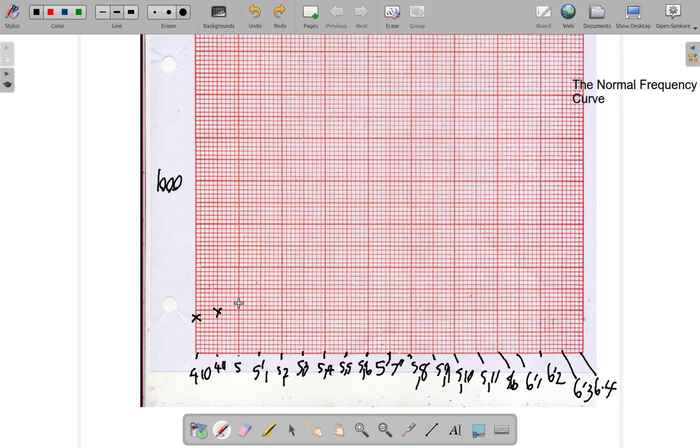Say 4 foot 11, 5 feet, 5 foot 1, 5, 2, 5, 3, and 5, 4, 5 feet 5, 5 feet 6 inches. You're finding a lot more persons, 5 feet 7 inches. And that's the average height. Then 5 feet 8, going back down, 5 feet 9, 5, 10. Persons getting very tall now.